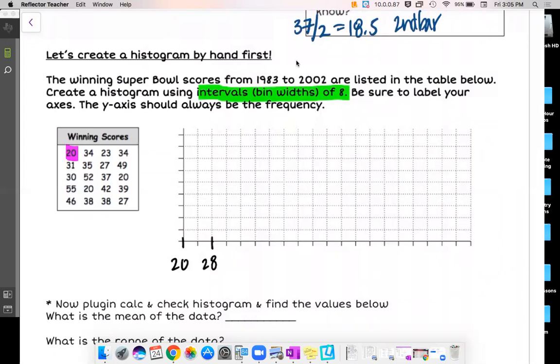If I add 8, that's going to be 28. Add 8 more, that's 36. Add 8 more, that'll be 44, 52, 60, and I'm just skipping every other because that's how I want it to be laid out. Then we label the y-axis the frequency, and the x-axis will be the winning Super Bowl scores.